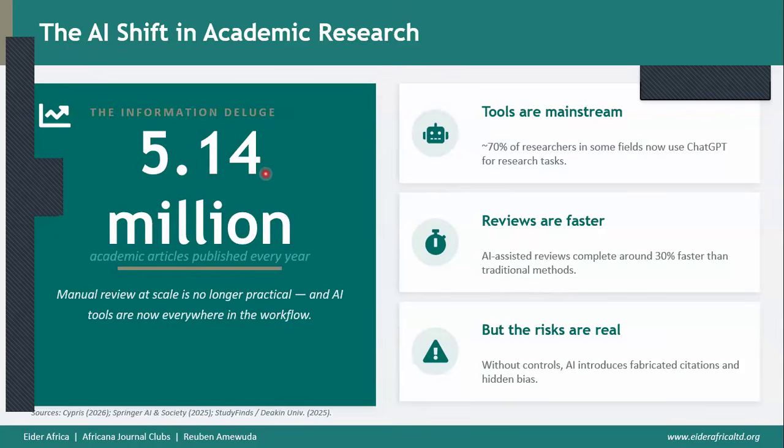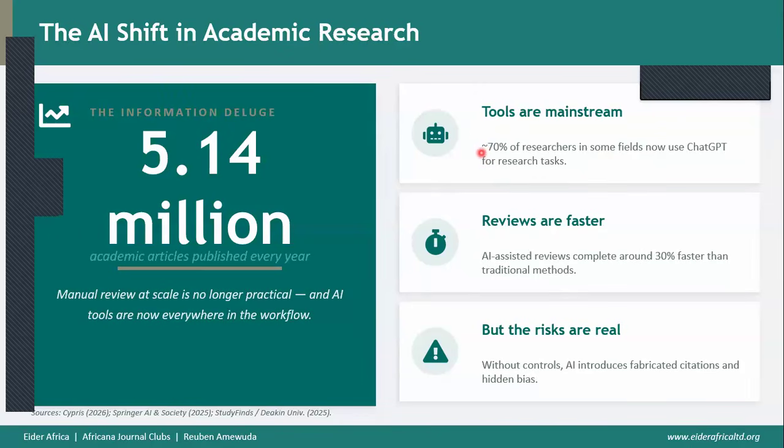So why this? Now, the tools are mainstream. Now, 70% of researchers in some fields use ChatGPT for research tasks, according to Springer, AI and Society. Springer Nature is one of the academic publishers. According to their research, about 70. When you see this small sign, it means approximate.